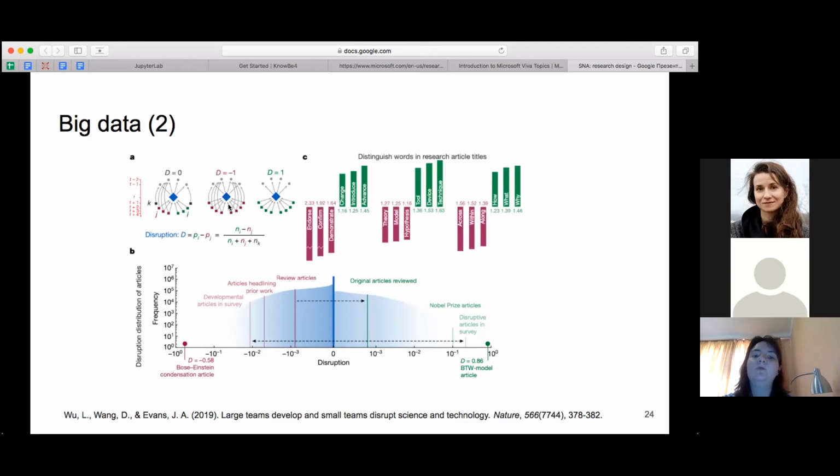Otherwise, if you are one of those who receive citations together with the sources that you cite, you have a very low disruption index. This is not a very clear definition, but actually it works very well.